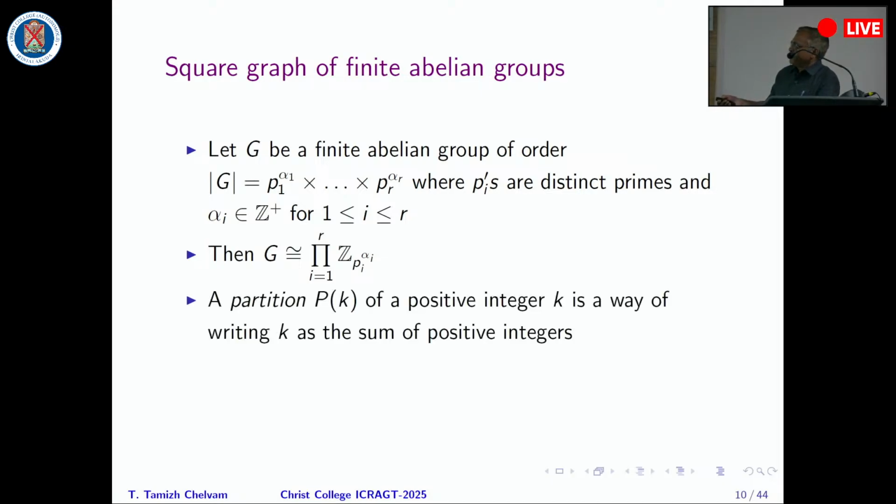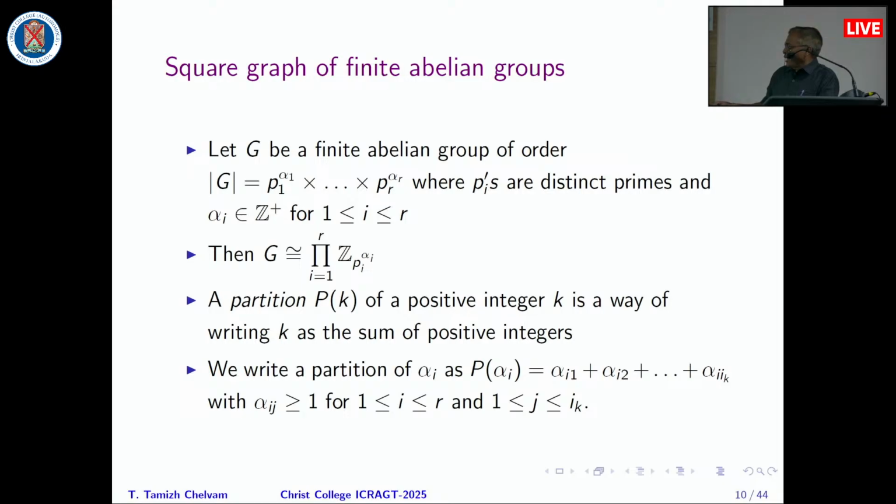Not only that, there is also the concept of a partition of an integer. A partition of a positive integer k is nothing but writing k as a sum of positive integers between 1 and k. This plays a role in the discussion of the square element graph of G. We write the partition of alpha i as alpha i1 through alpha i k, the positive integers in that partition.